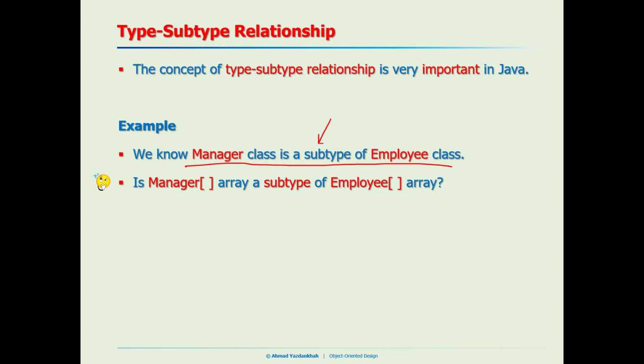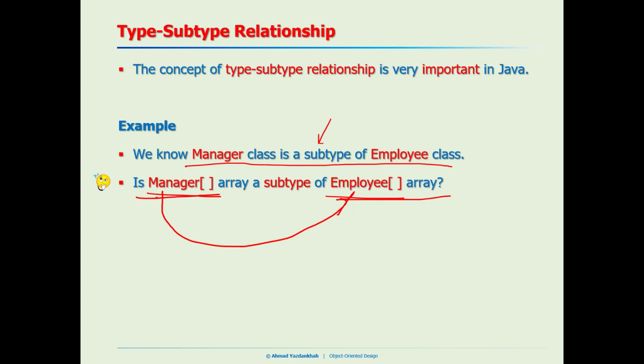Subtype, when we say, means subclass of employee. All right. So the question is, is this array a subtype of this array as well? Because manager is the subtype of the employee. Is the array of manager also a subclass of the employee array?